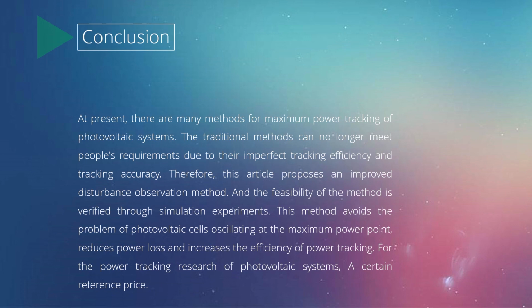This method reduces the oscillation of photovoltaic cells at the maximum power point, reduces power loss, and increases the efficiency of the power tracking. For the power tracking research of photovoltaic system, it has a certain reference value.